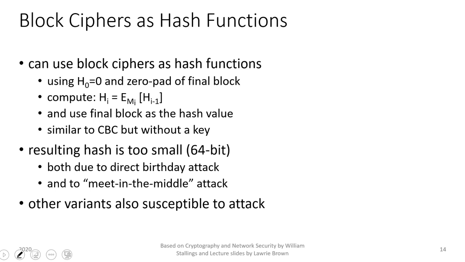So another approach that we may sometimes come across is using block ciphers as a hash mechanism, and then we may use something like DES, and we may string them along to produce a hash key.